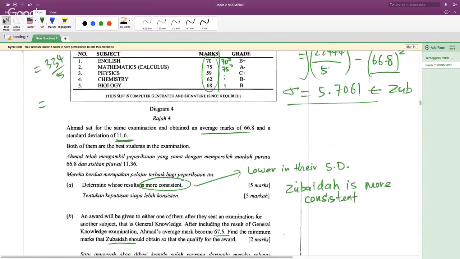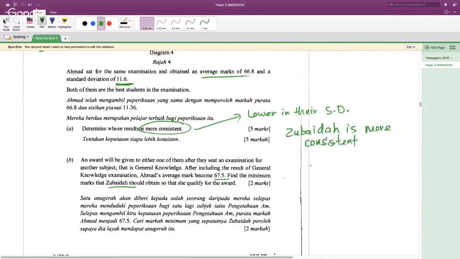So what I will do is, okay, I know my mean equals the sum of x over n. N is 5. So first I want to know my total mark. My total mark basically is 66.8 multiplied by 5, which is 334. Now I add a new subject, general knowledge.